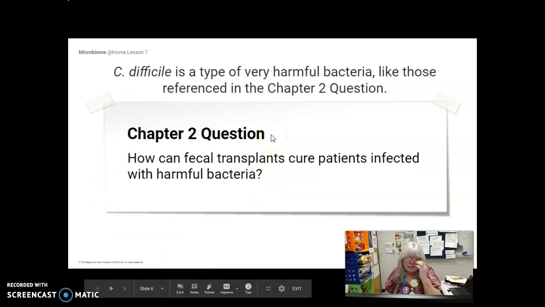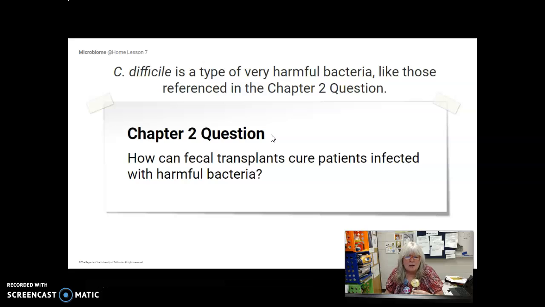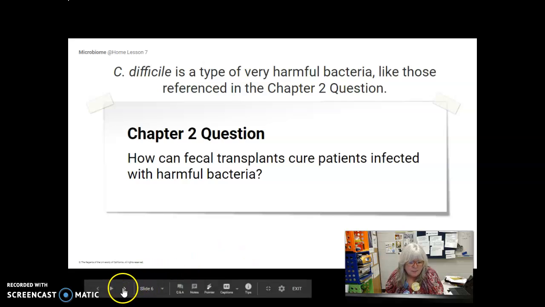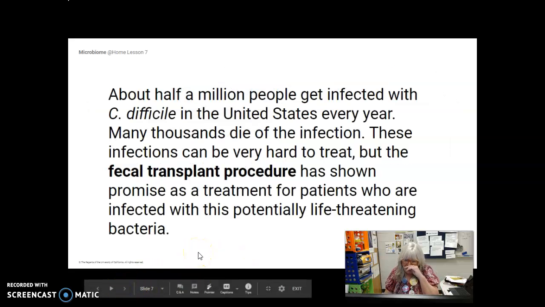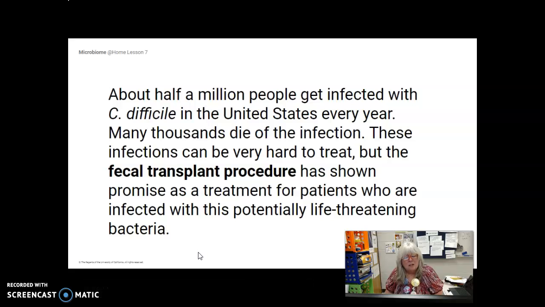So if we think about C. difficile and we reference back to our chapter 2 question, the question is, how can fecal transplants cure patients infected with harmful bacteria? When we think about this, we need to have a little bit of information. There are about 500,000 people who get infected with C. difficile in the United States every year.